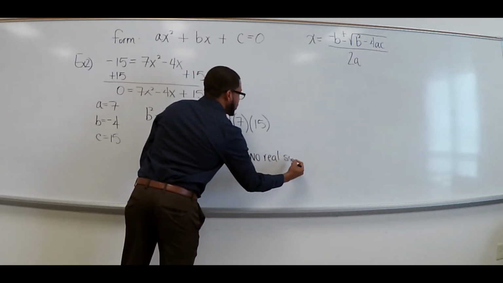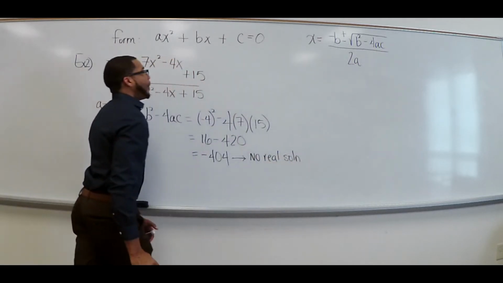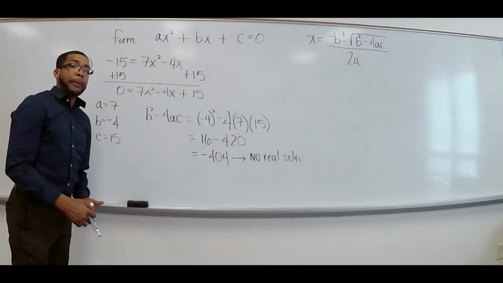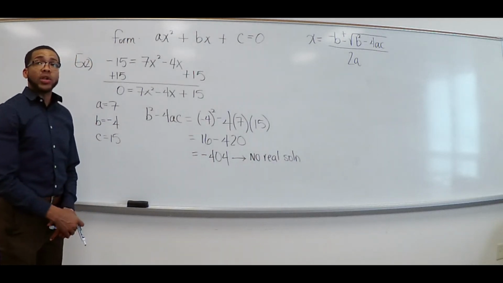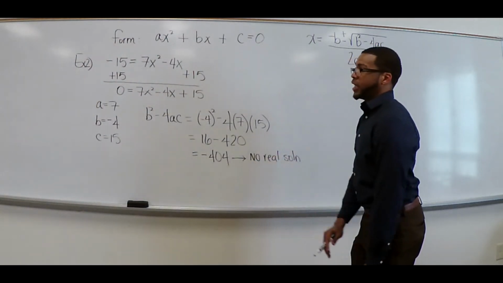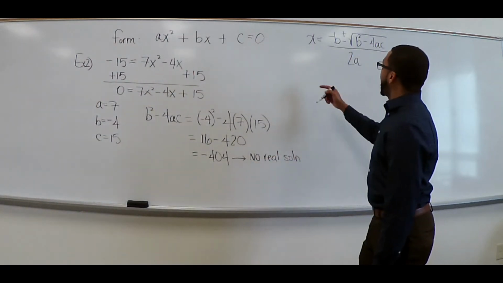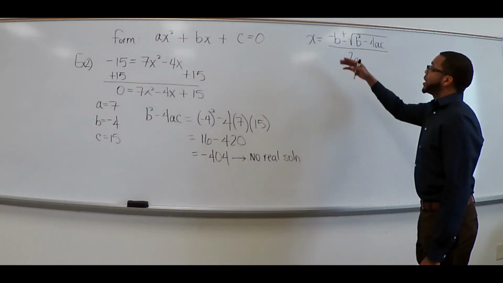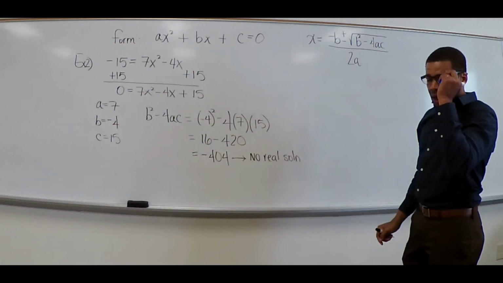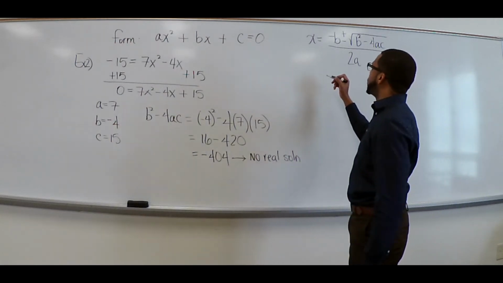No real solution. But let's say that we were in the complex number system and we need to find out what the imaginary or complex solutions are. So we'll go here, tossing this information into our quadratic formula. Again, the quadratic formula is x equals the opposite of b plus or minus square root of b squared minus 4ac all over 2a.